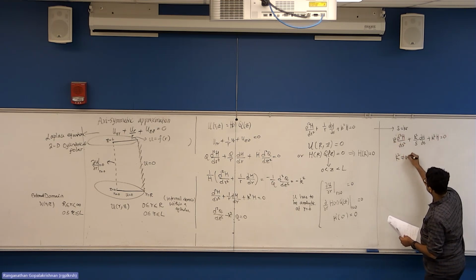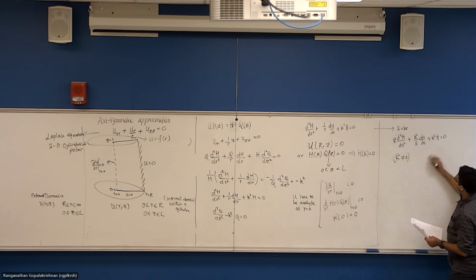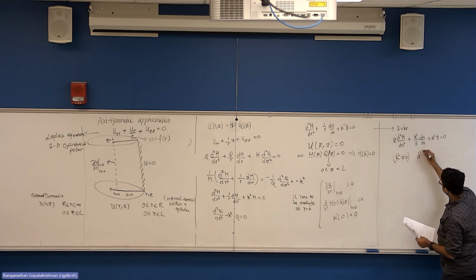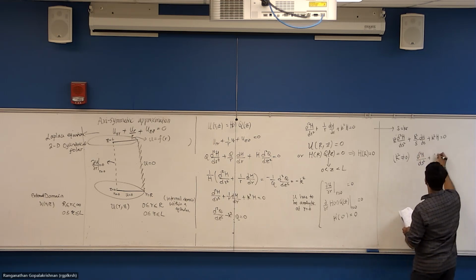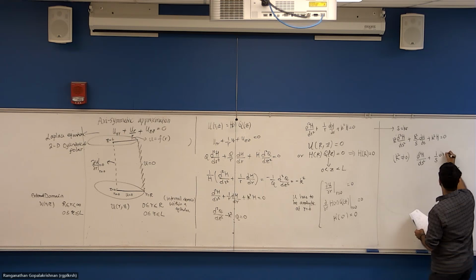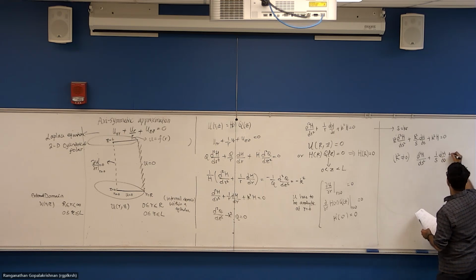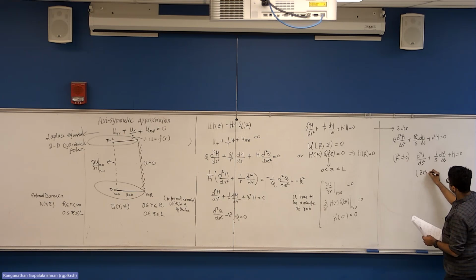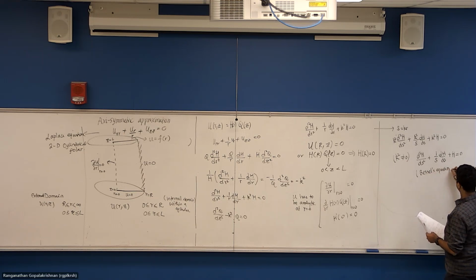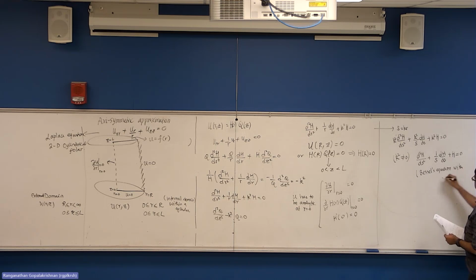Assuming k squared is not 0 in general, we will get Bessel's equation with parameter nu equal to 0.